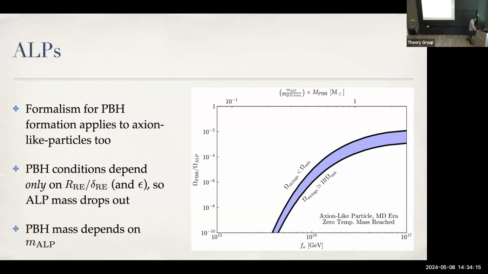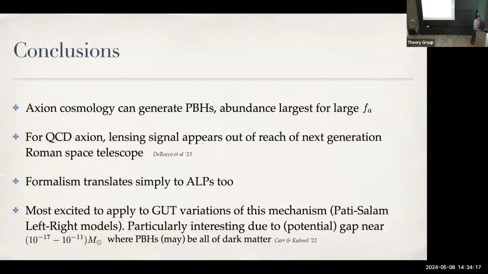So I'll just wrap up for time and say that these axion cosmologies can generate enclosed walls, which can collapse and potentially generate PBHs, with the abundance being largest for larger FA.